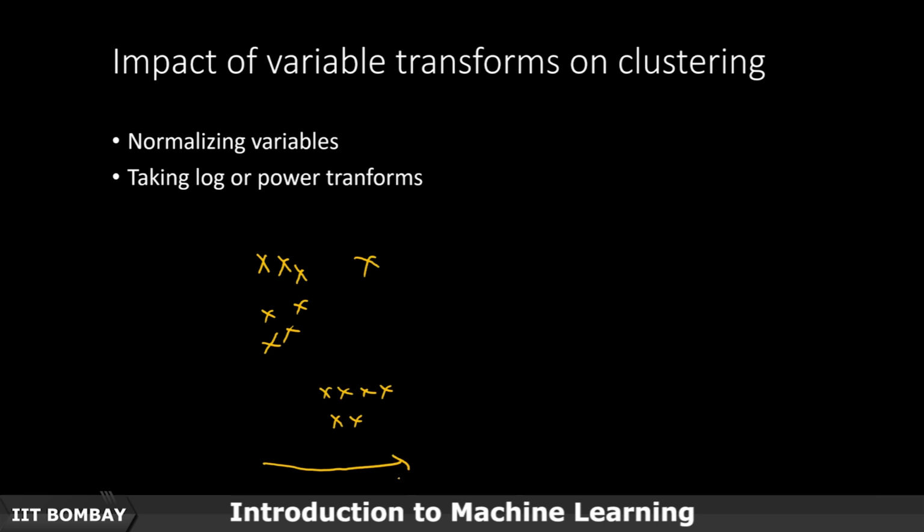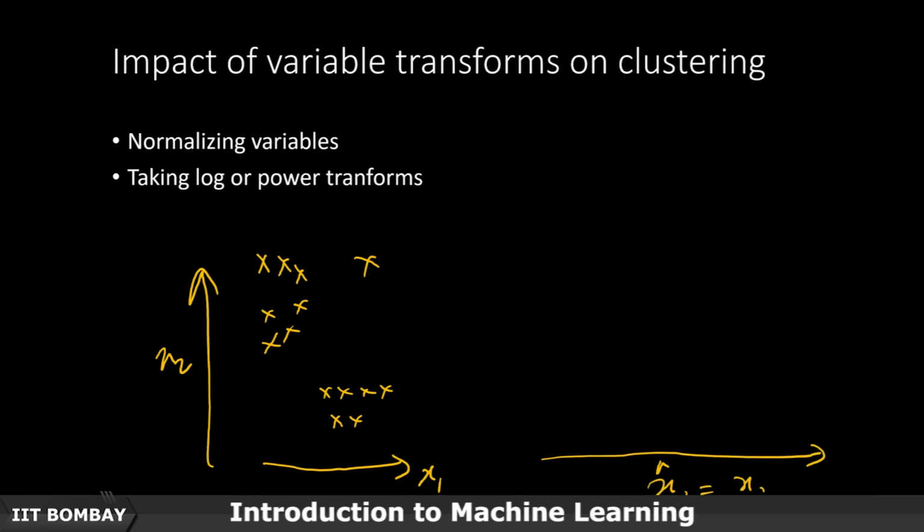So this is my x1 axis and this is my x2 direction. Now for some reason, if instead of x1 I use, let us say, x1 by 5, then my new x1 hat is equal to x1 by 5.